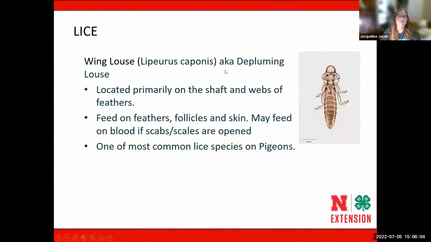The wing louse, also known as the plumage louse, is located primarily on the shaft and webs of the feathers. They feed again on the feathers, follicles, and skin, and may feed on blood if the scabs or scales are open. The wing louse is most commonly seen in pigeons. It's the most common lice species found on pigeons, if you're keeping pigeons or wild pigeons.